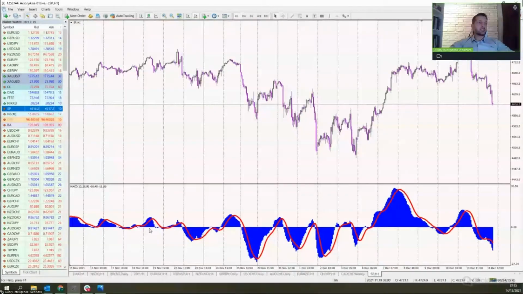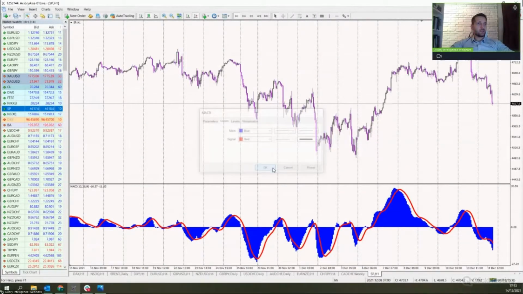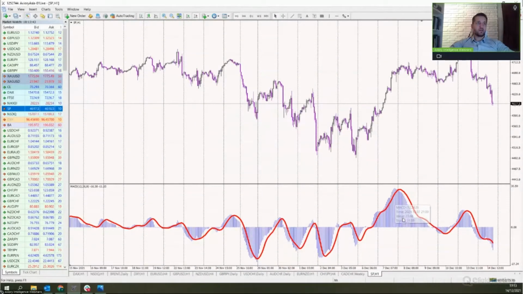There are a few ways how you can trade MACD, but I'm just going to show you one which is the most reliable. You have a histogram. Those are bars, and they mimic the price in general.